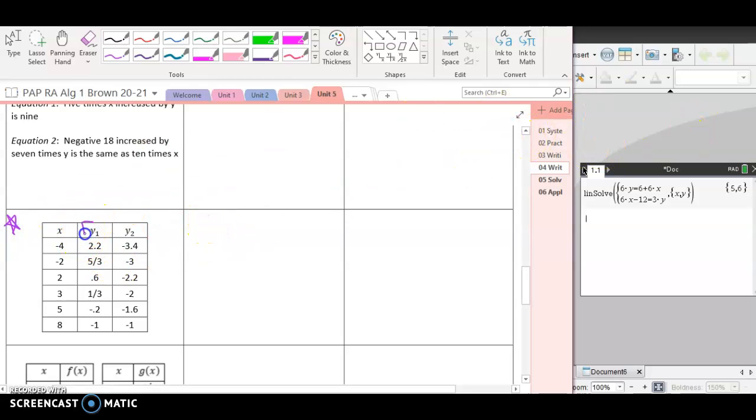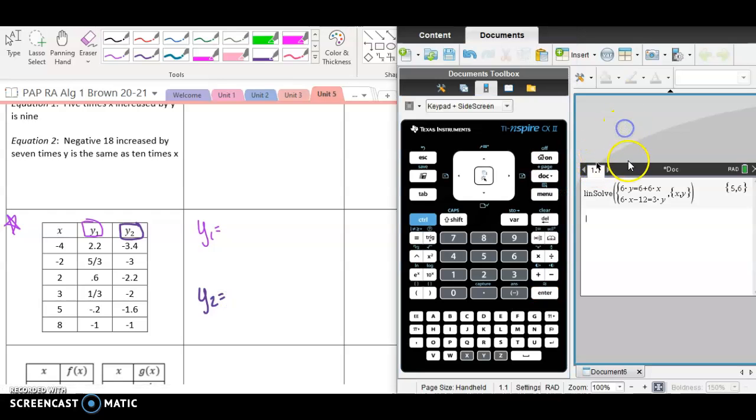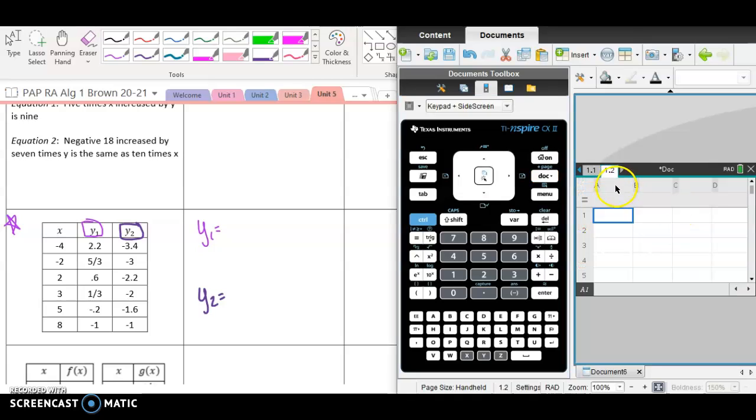Okay, we have a y1, we have a y2. We have two equations, right? All right, so we need y1 to equal something, and we need y2 to equal something. So let's use our Lists and Spreadsheets to do this, okay? So let's do Control Doc, add Lists and Spreadsheets.